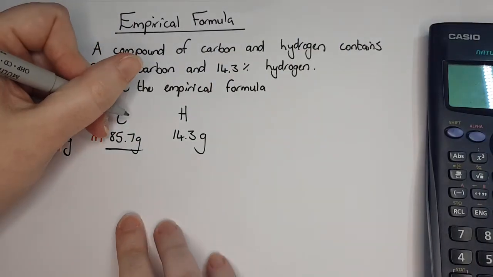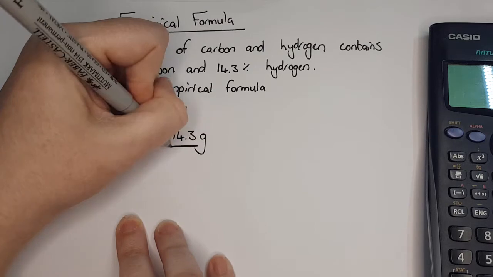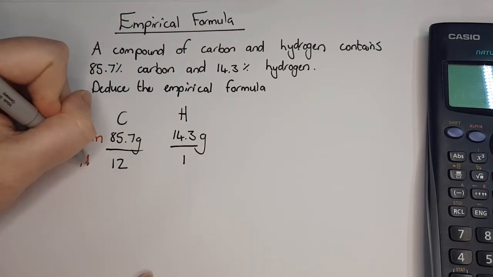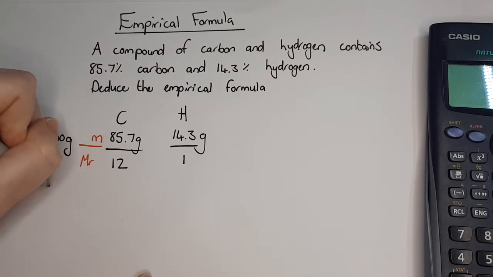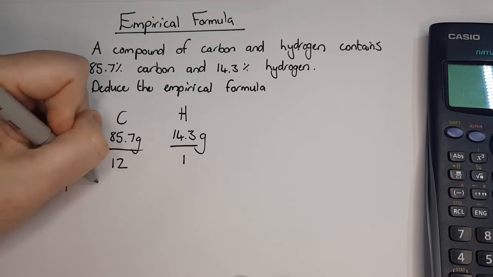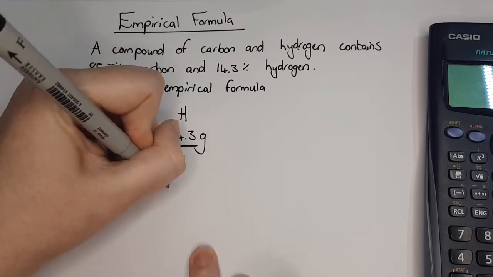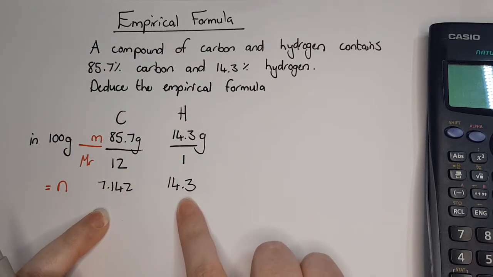So I divide carbon by 12, and hydrogen by 1. So this is now the MR. And we know that M over MR means I'm going to get number of moles. When I type this into my calculator, I end up with 7.142 and 14.3. So now this is the moles.